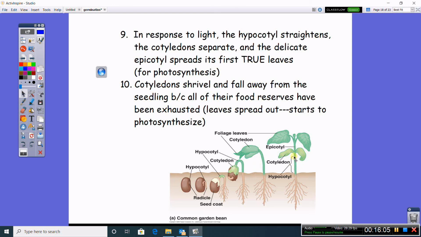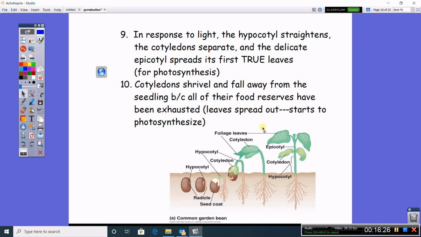Remember, this is the hypocotyl. It's the stem that leads you up to where the cotyledons are, but above the cotyledons, remember that's what epi means, above the cotyledons will be your epicotyl, and that will connect to your first leaves, and then also your apical bud at the top.